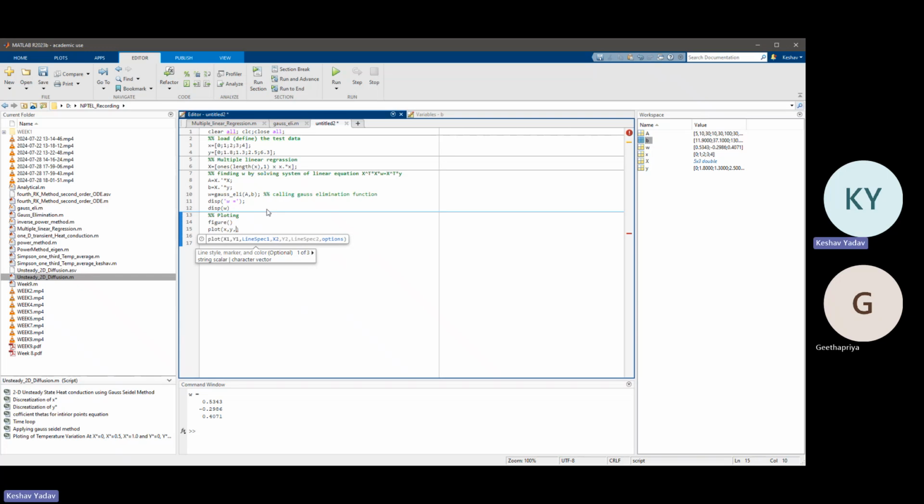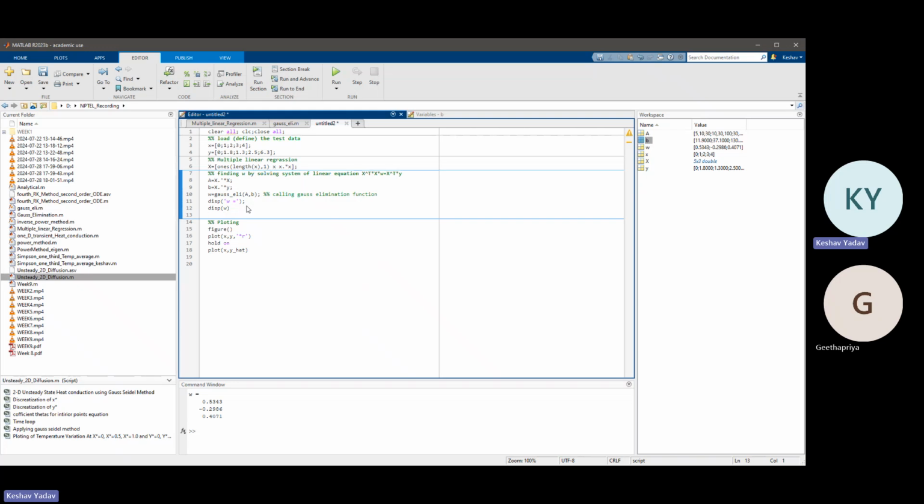I am using the star symbol. Then I need to hold this figure on. So I will do hold on. Then I will plot the next one, which is X comma Y hat. But before that, I need to find out the Y hat.